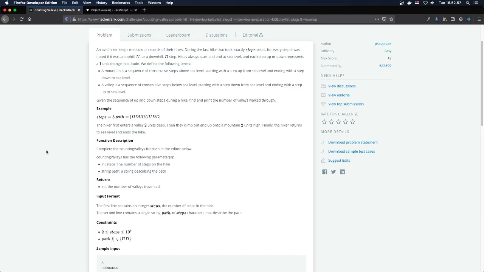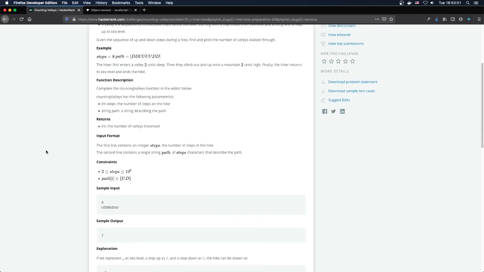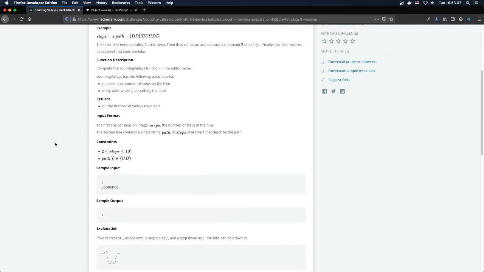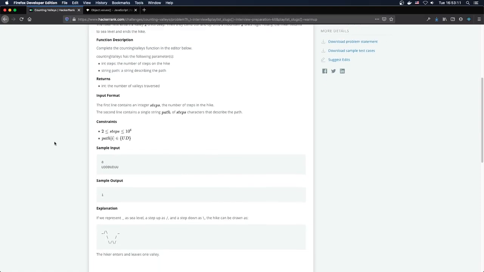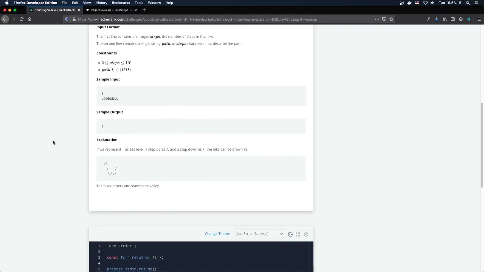Counting valleys function in the editor. We have steps and we have path, the number of steps and the path itself. Return an integer, the number of valleys traversed. Only the valleys, so only the downs. Oh no, so you have to match them.